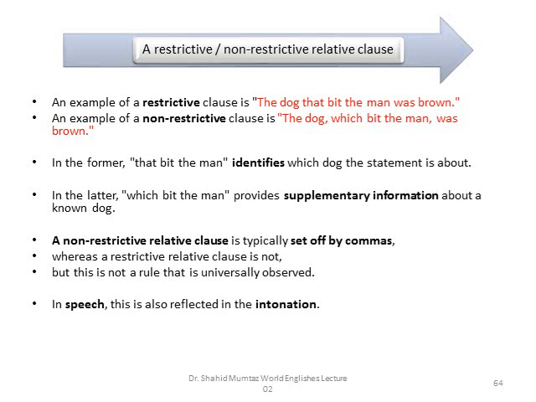The dog that bit the man shows which dog the sentence is about.